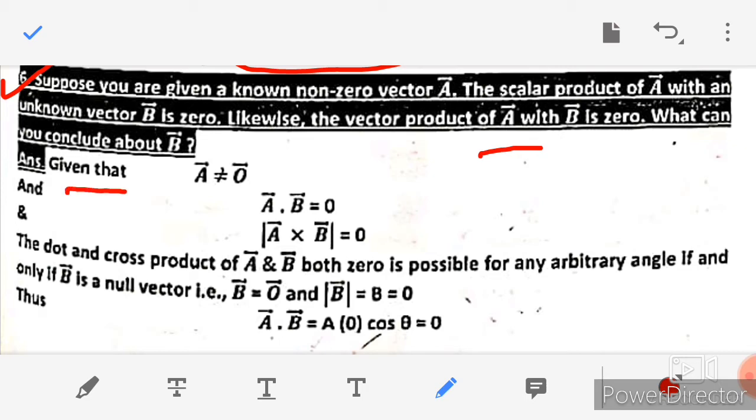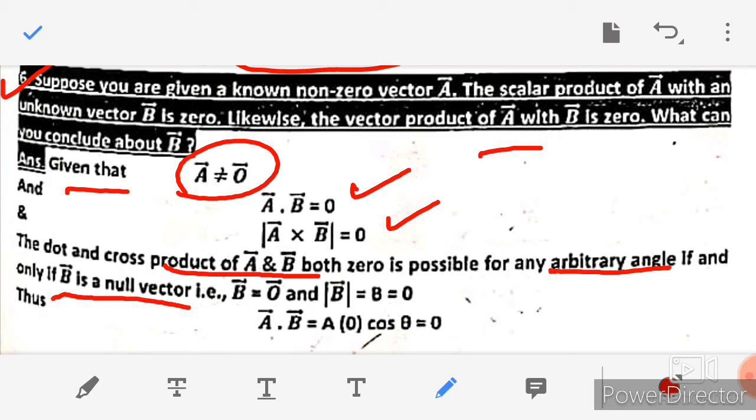So the answer: given that A is not equal to 0 and the dot product is 0 and the cross product is 0, the dot and the cross product of vectors A and B both being 0 is possible if and only if B is a null vector, or B is equal to 0. The magnitude of B is simply equal to 0.